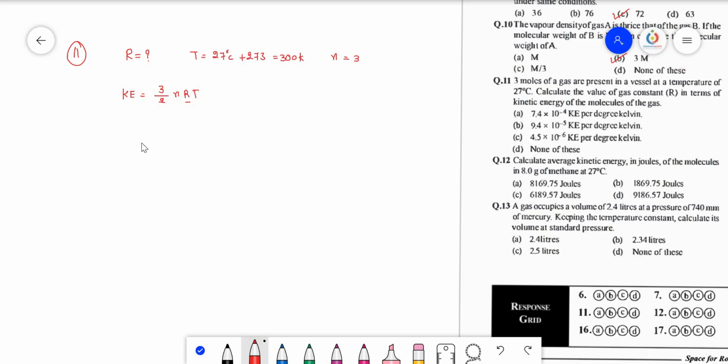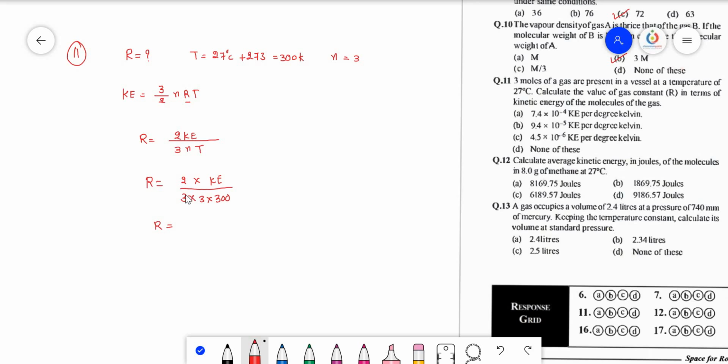We need to calculate the R value. So R value is equal to 2 KE divided by 3 nT. So R value is equal to 2 into KE value, not mentioned, divided by 3 into number of moles, 3, into temperature 300 kelvins.